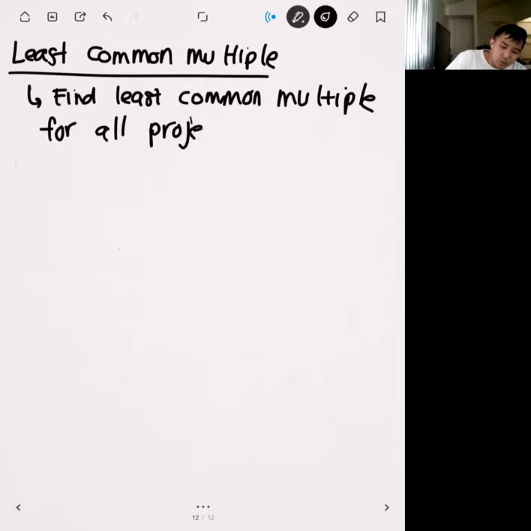Once you've computed the least common multiple, what you need to do then is extend all of your project lives to match this least common multiple.